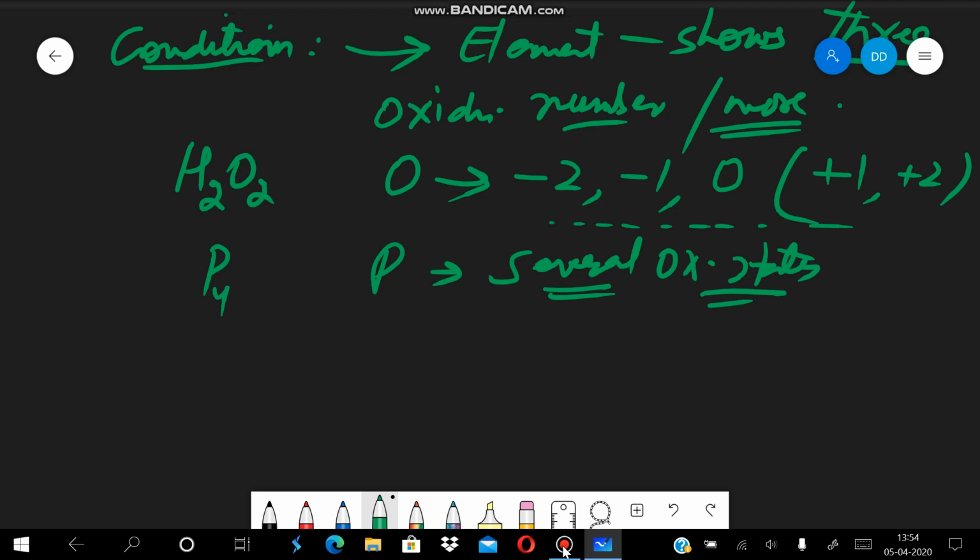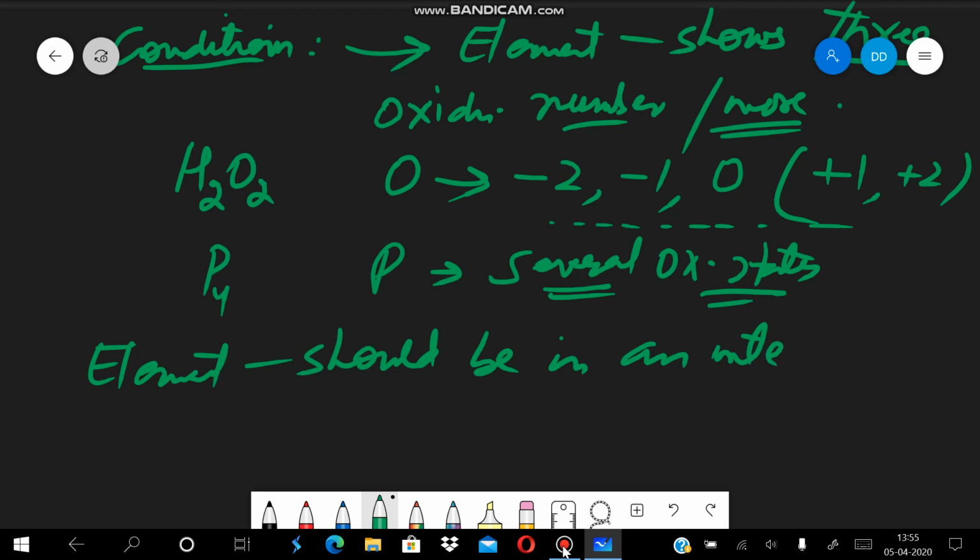Now we have to keep one thing in mind, that if an element during a reaction is already present in its highest oxidation number or the lowest oxidation number, then it cannot undergo disproportionation. It means an element should be in an intermediate oxidation state.